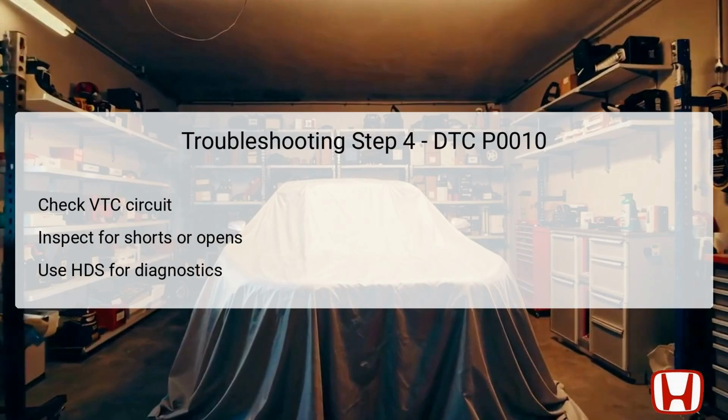During this inspection, you will check for any open wires or short circuits. The resistance should measure less than 1 ohm for any open circuits, while a short to ground should show resistance of more than 1 megaohm. This step is incredibly important in diagnosing circuitry issues that could be causing the DTC P0010 to trigger.